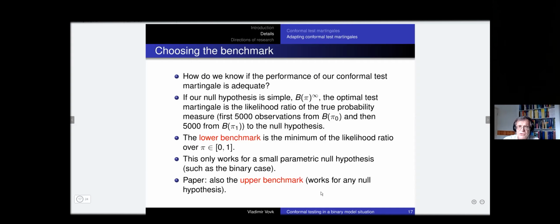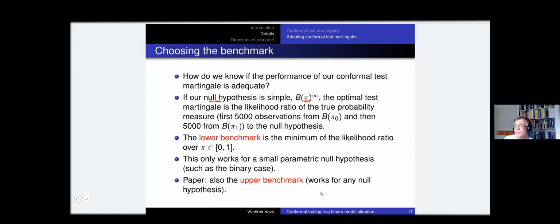Suppose our null hypothesis is simple. You know the true probability of one, the true value of pi. Then the optimal test martingale is the likelihood ratio of the true distribution divided by the null distribution.